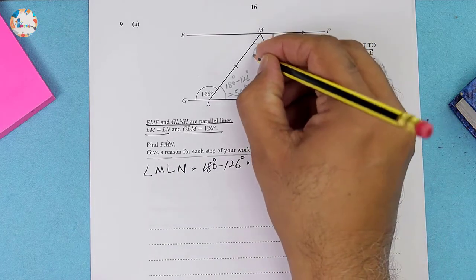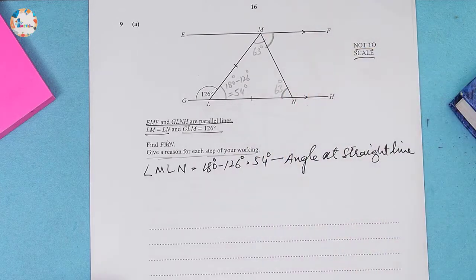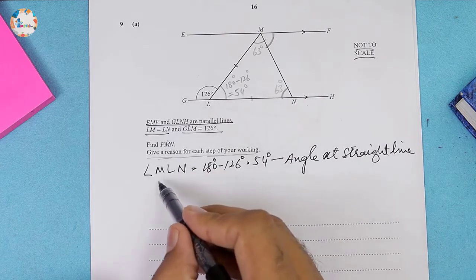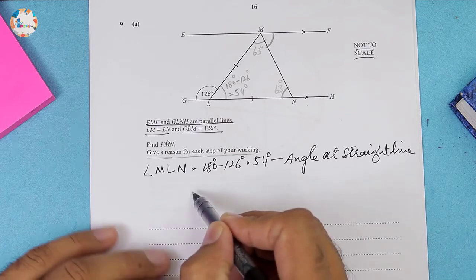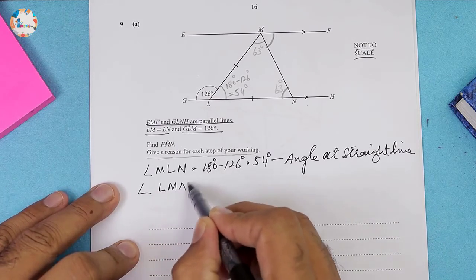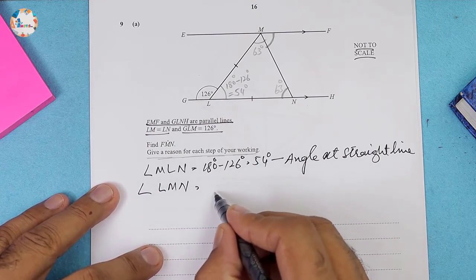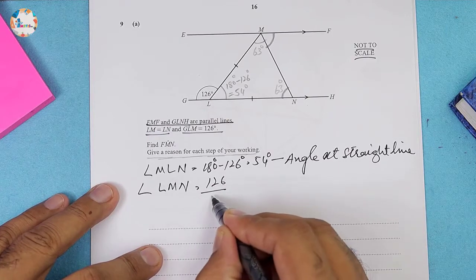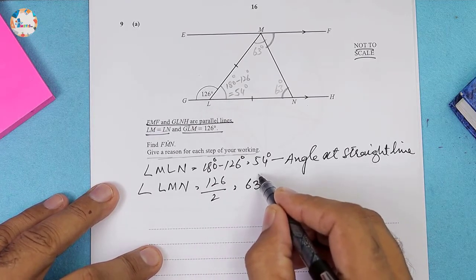So this angle will be 63 degrees and this angle will be 63 degrees. So we can write angle LMN is equal to 126 divided by 2, which is equal to 63 degrees.